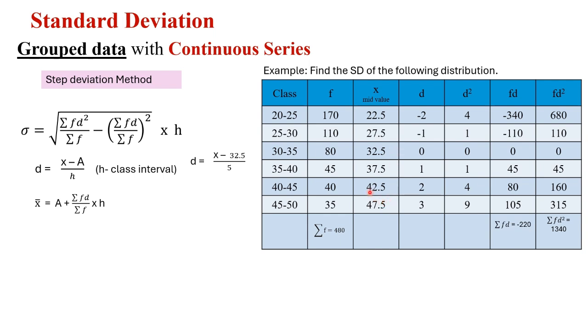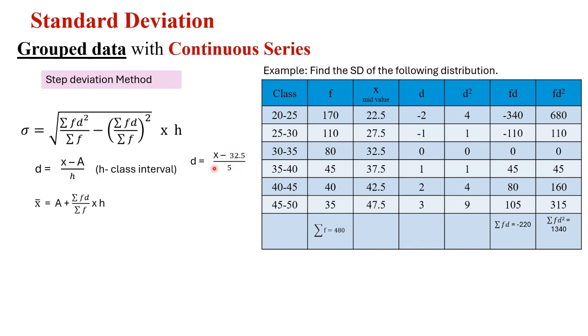Now d is 22.5 minus 32.5 by 5, which is minus 2, 27.5 minus 32.5 by 5, which is minus 1, 32.5 minus 32.5 by 5 is 0, 37.5 minus 32.5 by 5 is 1, 42.5 minus 32.5 by 5 is 2, 47.5 minus 32.5 by 5 is 3.